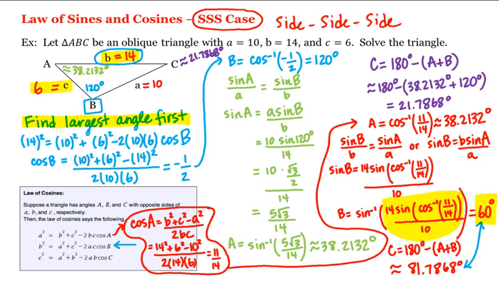There's also 180 degrees minus this, and looking back up here is this 120 degrees. But by solving for the largest angle first and assessing whether or not there's an obtuse angle in the triangle, then we know that the other two angles have to be acute, and we wouldn't have to worry about the other possibility for B. So if you always solve for the largest angle first, then the other two have to be acute.